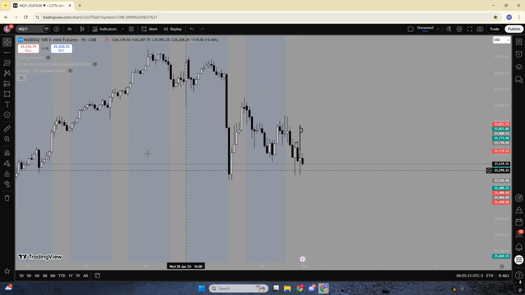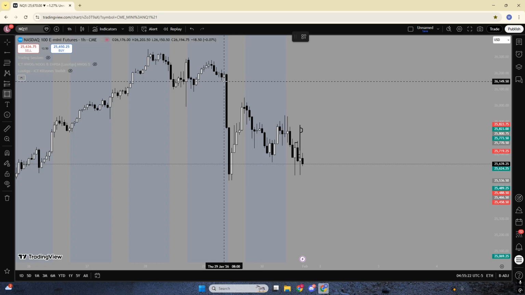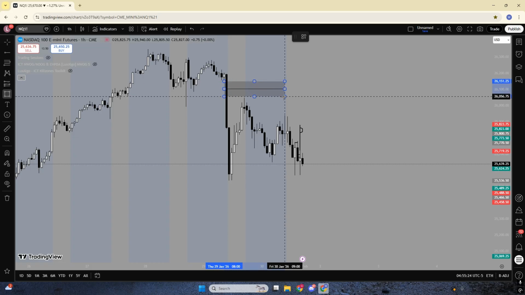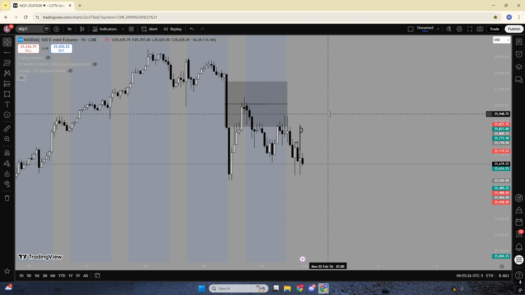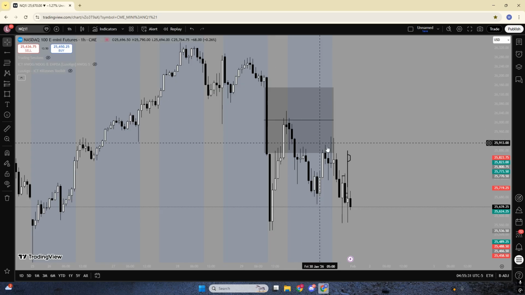All right. To improve your strategy, you can pair your high time frame to your low time frame. So there's a fair value gap here.